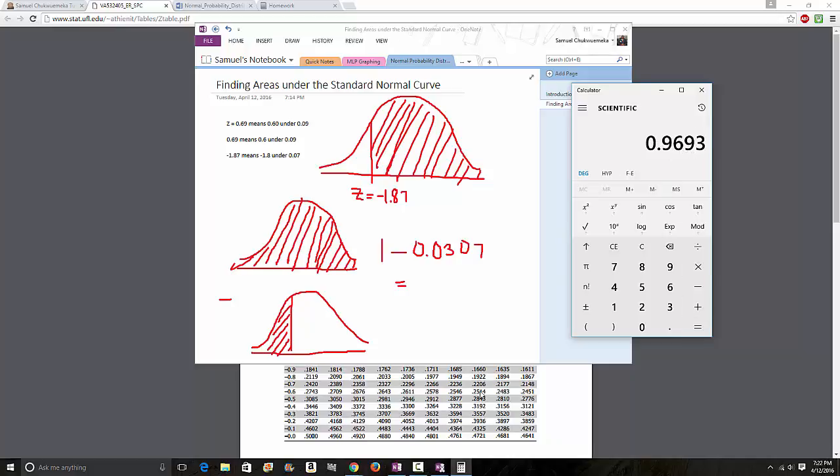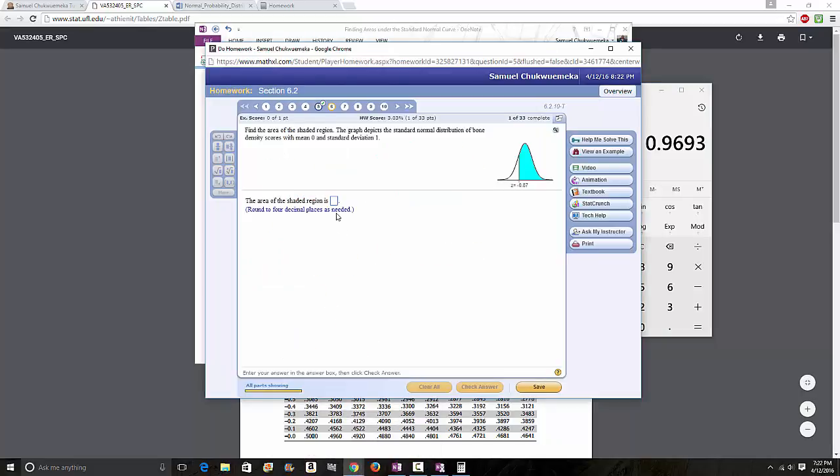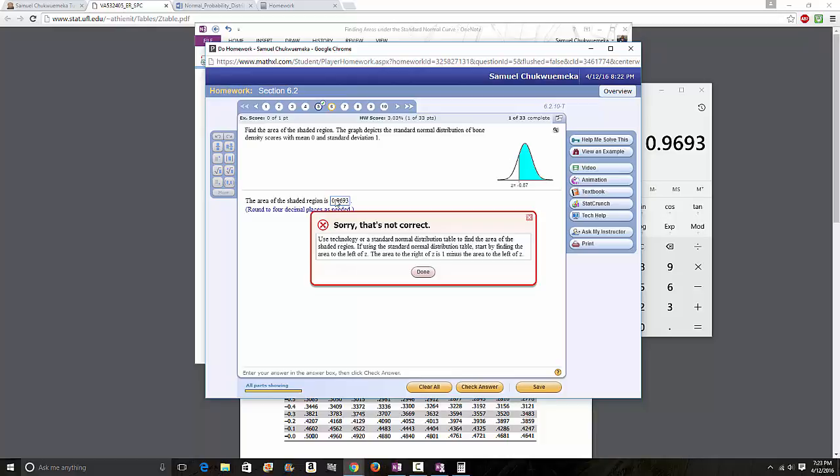Like I said, this video is tables. Later on, we shall solve this with technology, but I want you to learn it with the table, left shaded area. 0.9693, that's the answer.